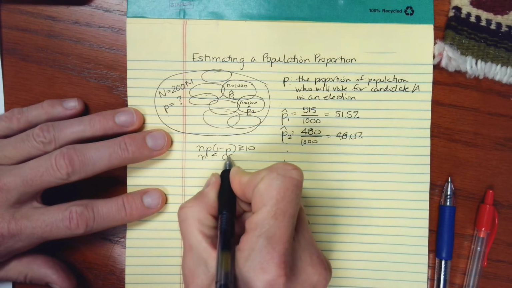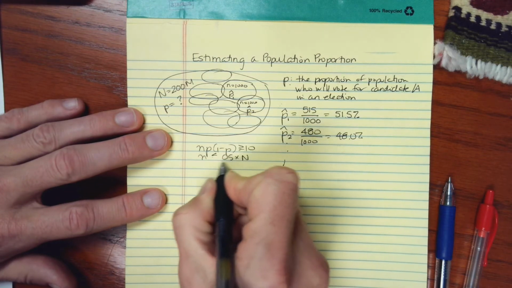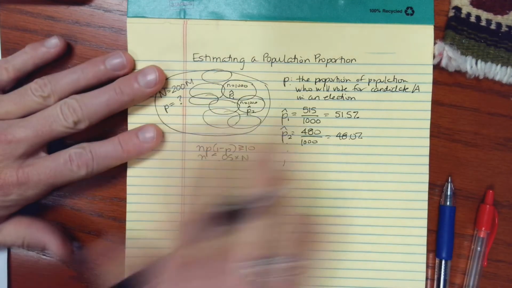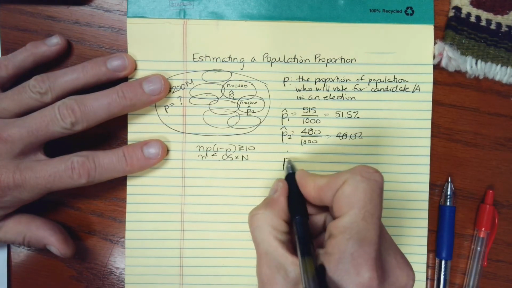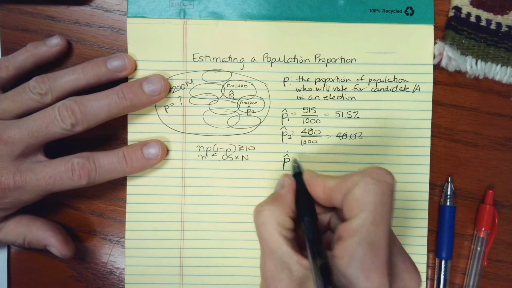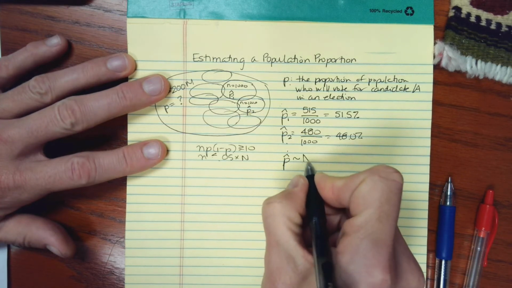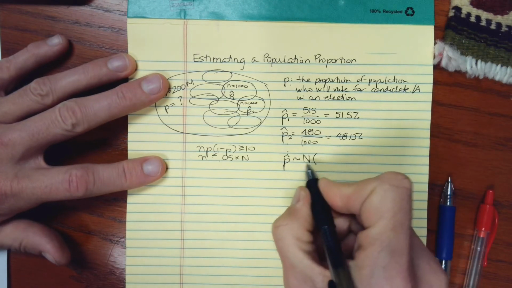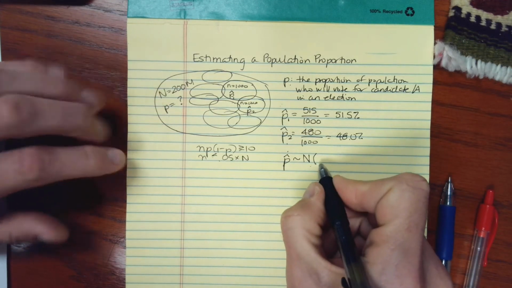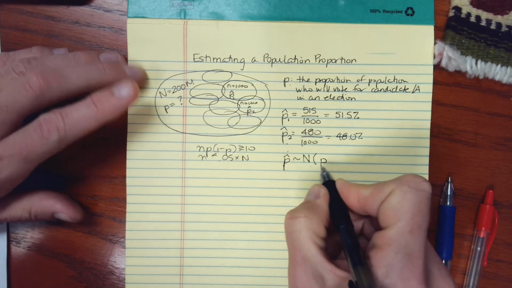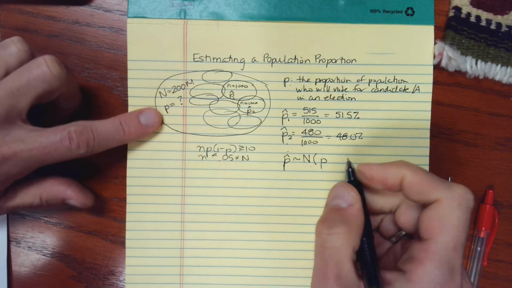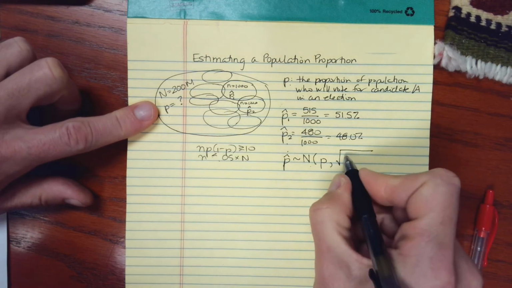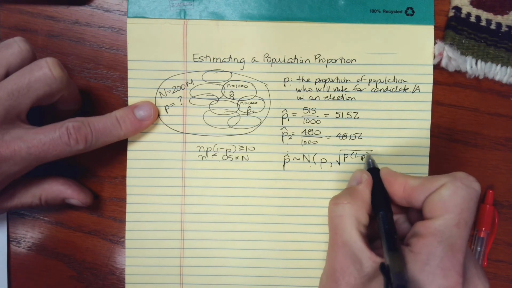Okay, assuming those conditions are met, we know that the sample proportion has a bell-shaped, normal distribution, and the center of this distribution is at the population proportion, p, and the standard deviation is the square root of p times 1 minus p over n.